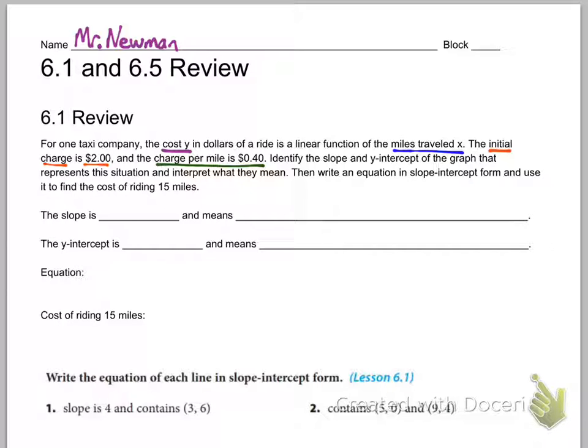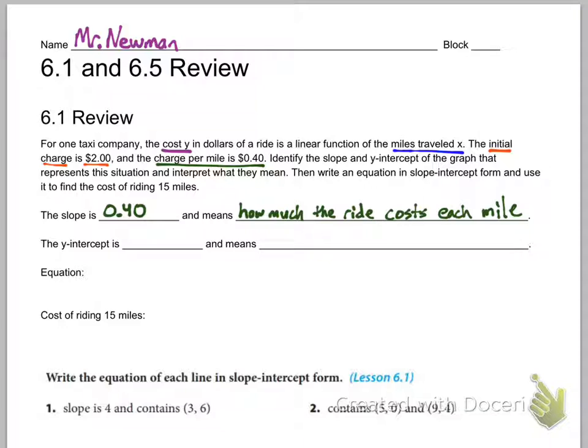So the rest of this just says identify the slope and y-intercept and say what they mean, and then write an equation, and that's what we're going to do. So we know slope is 0.4 because 40 cents is how much they charge per mile. That means how much the ride costs each mile, because miles traveled is your x value.